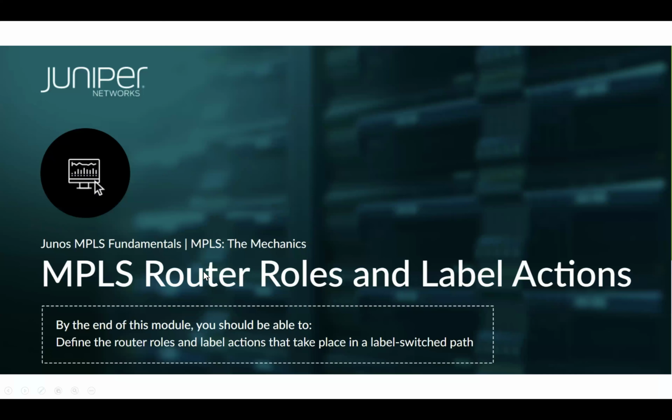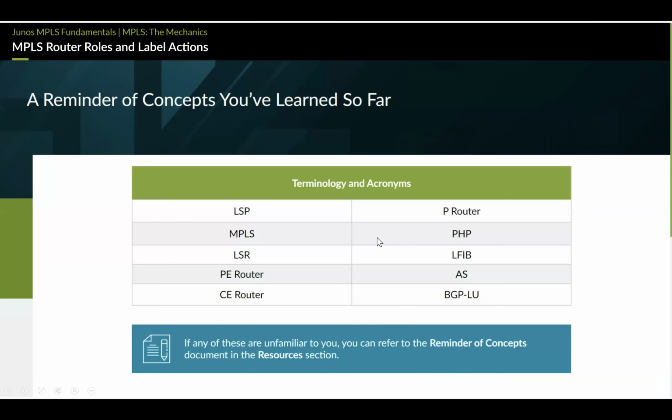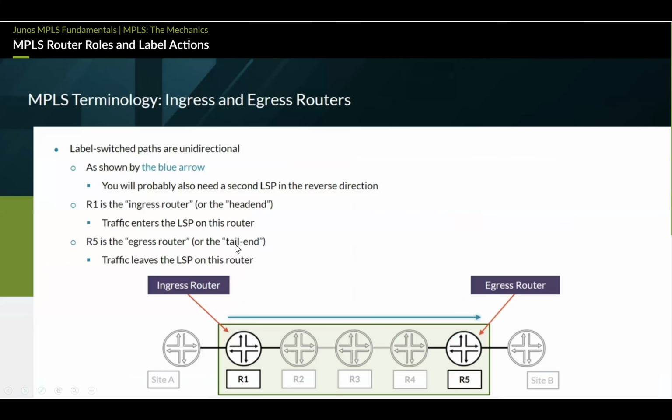And now we are in section 2, MPLS router roles and label actions. That is very important. This is the MPLS terminology: ingress and egress router. See the topology. Considering this is site A and this is site B, the router at site A is basically a customer router, and site B is also a customer router.